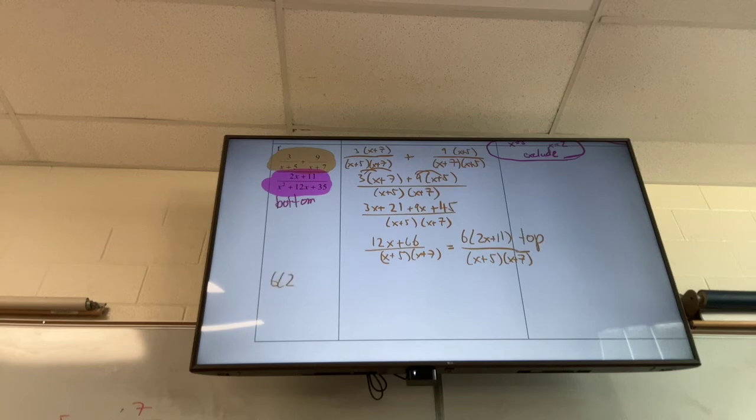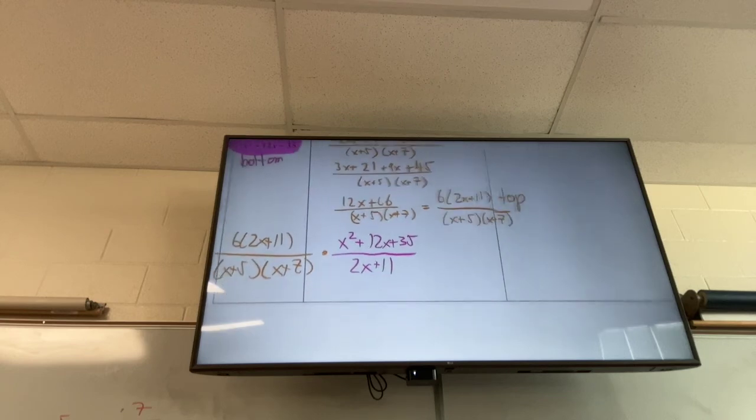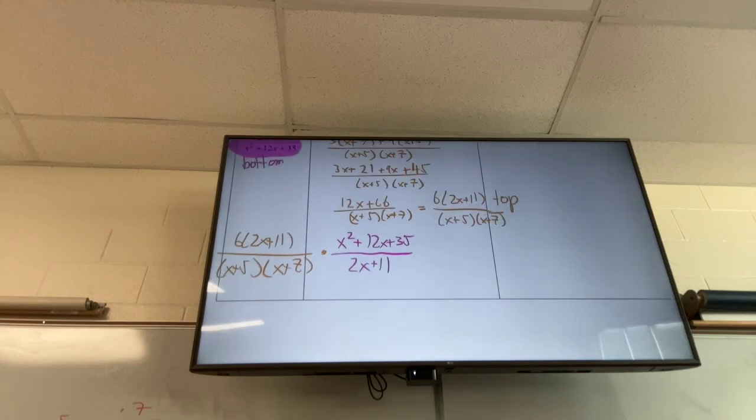So the top. We're going to multiply by the reciprocal of the bottom. Okay, so just multiply straight across.